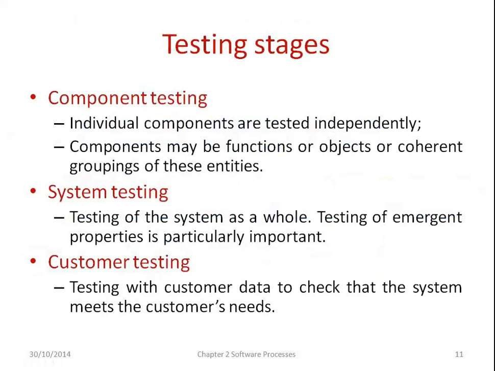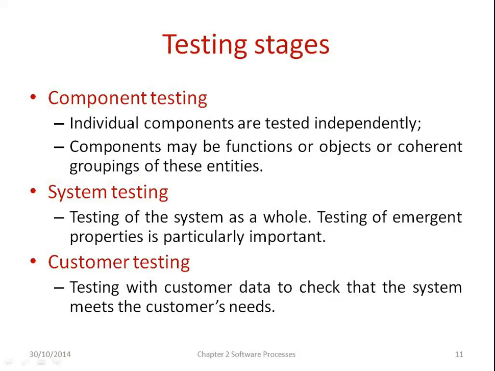In component testing, individual components are tested independently. The components may be functions, objects or coherent groupings of these entities. System testing is testing of the system as a whole, where testing of emergent properties is particularly important. Customer testing is testing with the customer data to check whether the system meets customer needs or not.